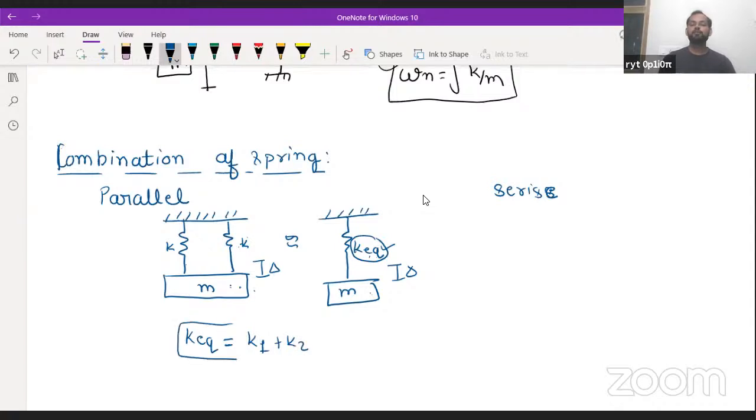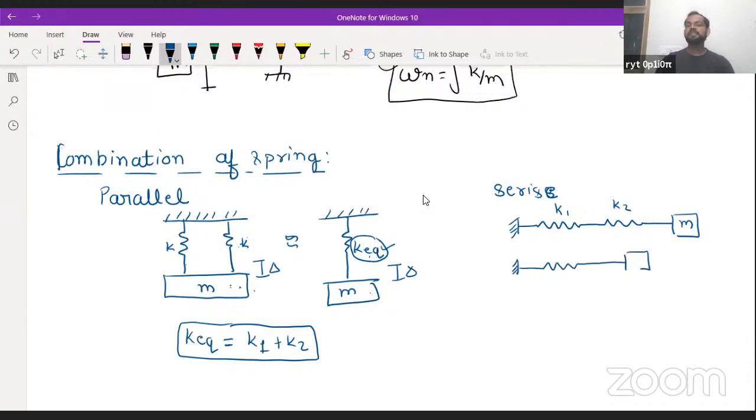And whenever your springs are connected in series like this, what will be your equivalent stiffness? This is K1, this is K2. In this condition, you can also replace this system with a single spring whose stiffness will be K equivalent, and for such a series arrangement, you get the equivalent stiffness by the relation 1 by K equivalent equals 1 by K1 plus 1 by K2.